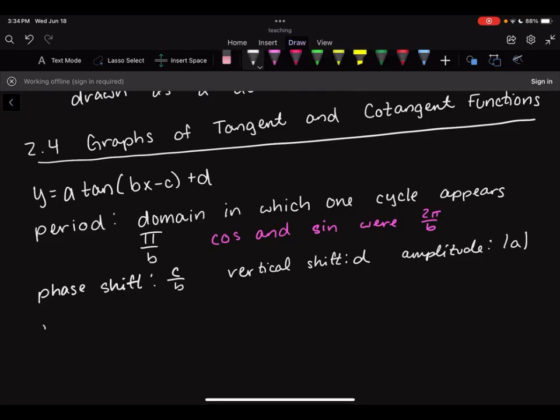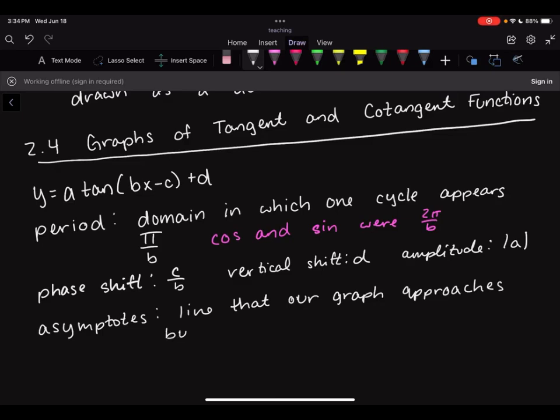The other difference is that we're going to have to watch out for asymptotes. I talked about this in our last video. But an asymptote is a line that our graph approaches but does not reach.